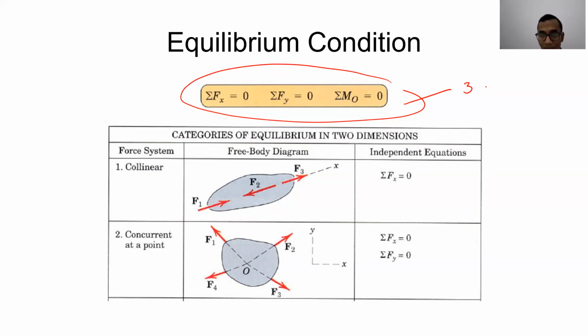I will talk one by one about what each of these is. When we talk about a two-dimensional condition, normally we talk about the coordinates x and y.